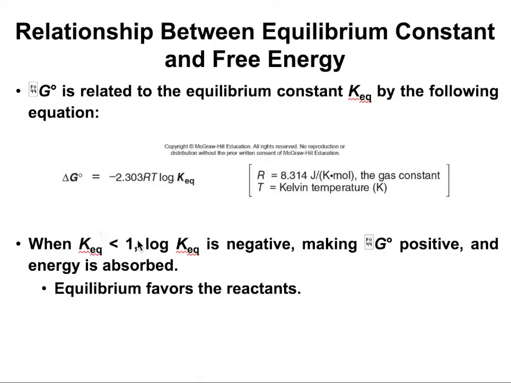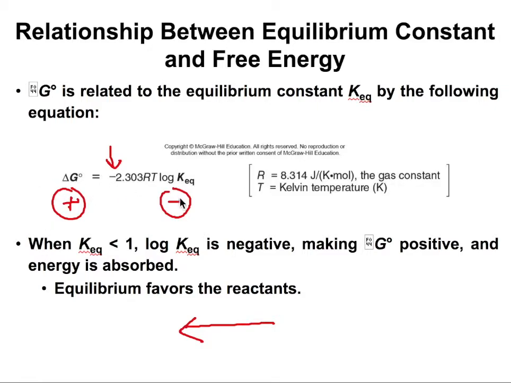On the opposite, when the K equilibrium is smaller than 1, the logarithm of K equilibrium becomes negative. Because we have a negative sign multiplied by a negative sign, this becomes positive, and then the delta G becomes positive, and the reaction does not proceed towards the products. It goes backwards.